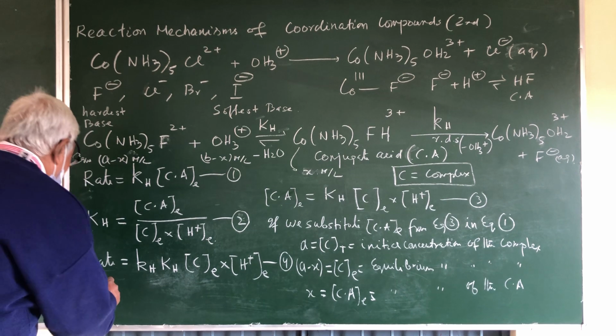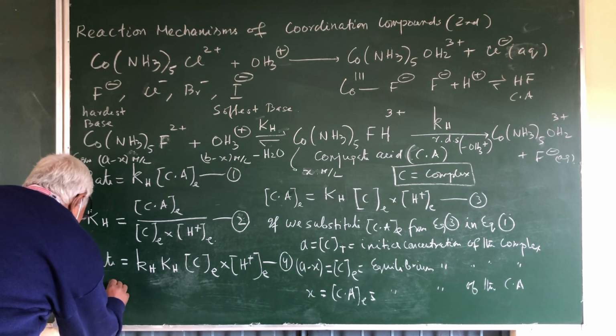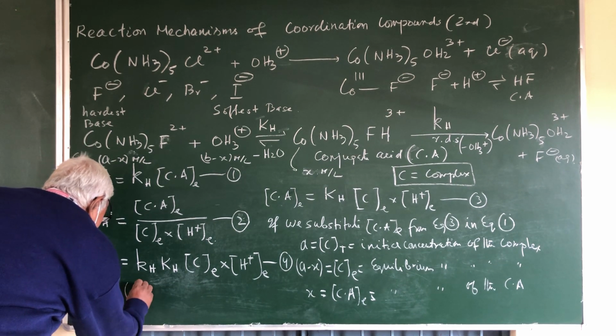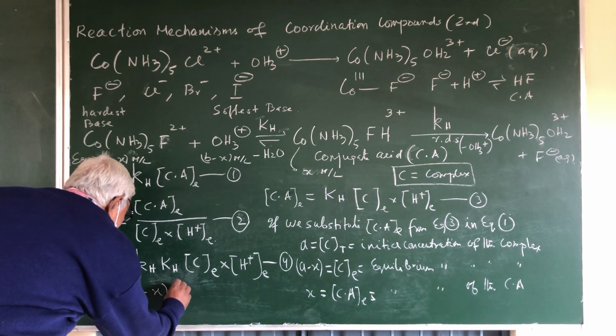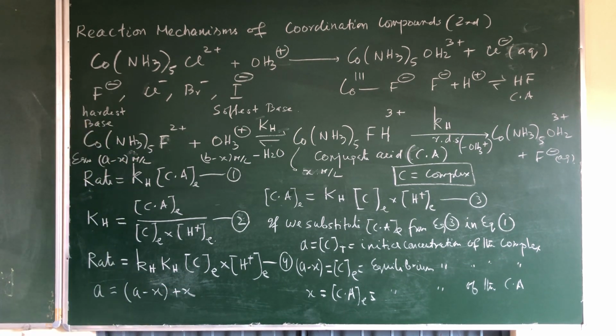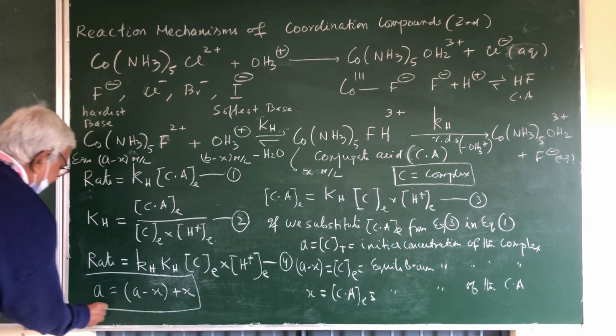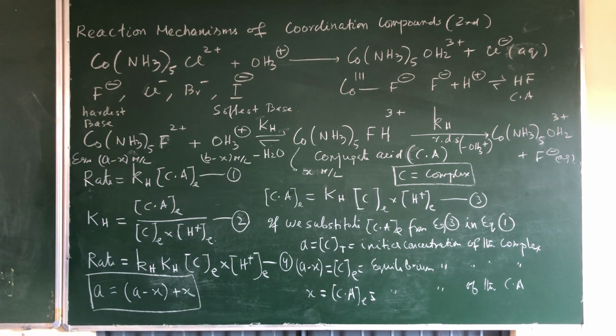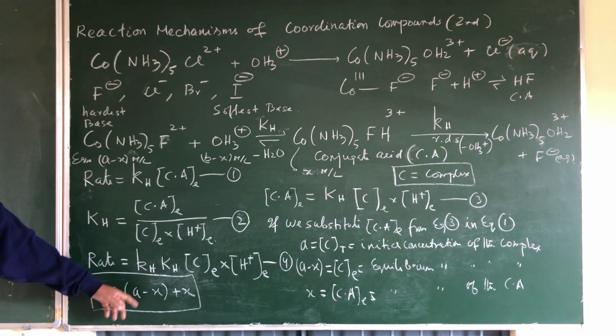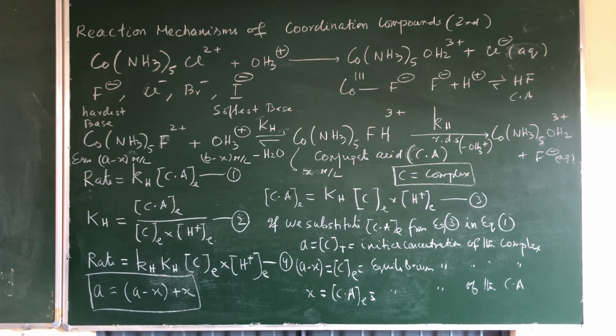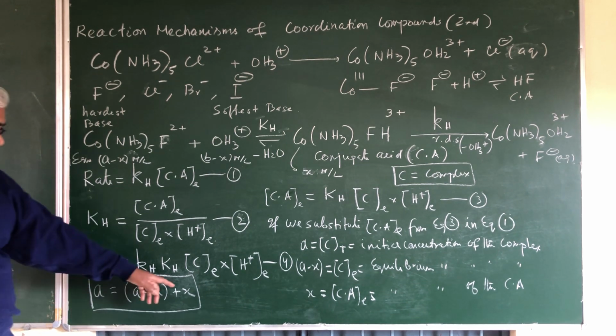We can write down mathematically A is equal to A minus X plus X. What is A? A is the complex total, or the initial concentration of the complex. What is A minus X? The concentration of the complex at equilibrium. And what is X?